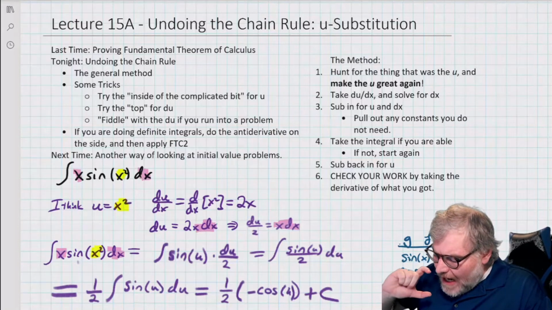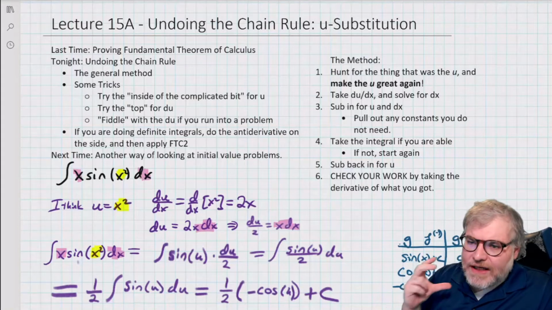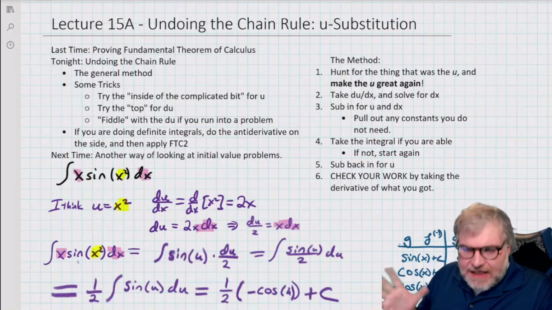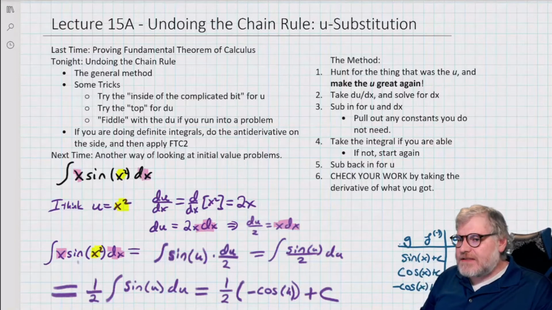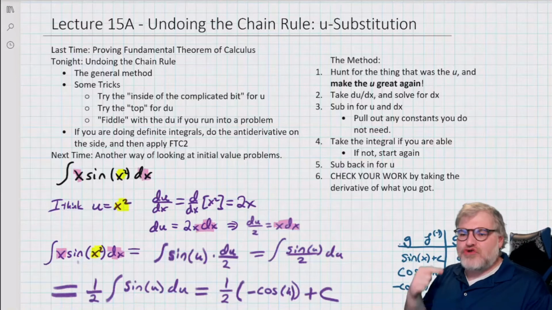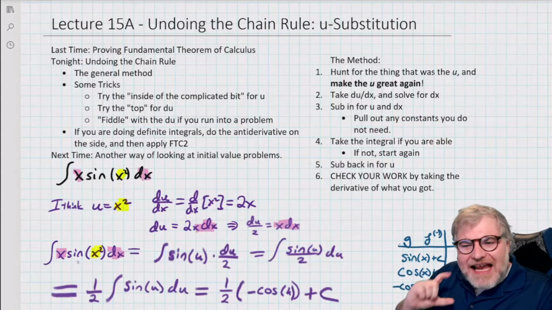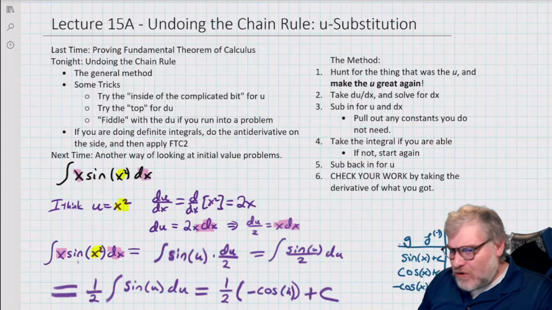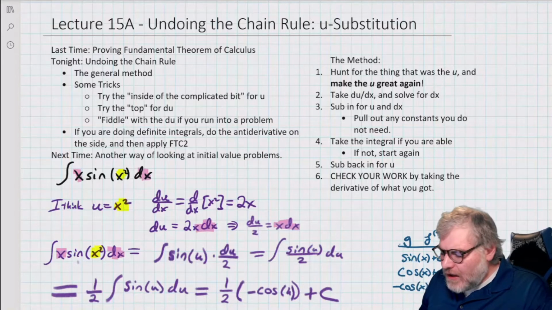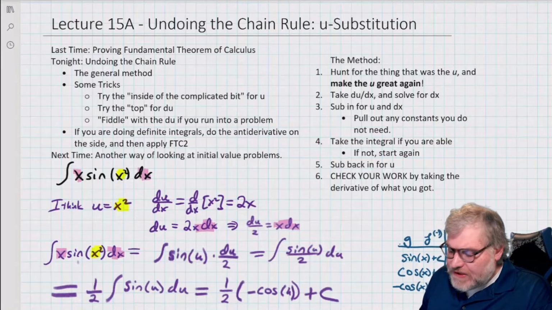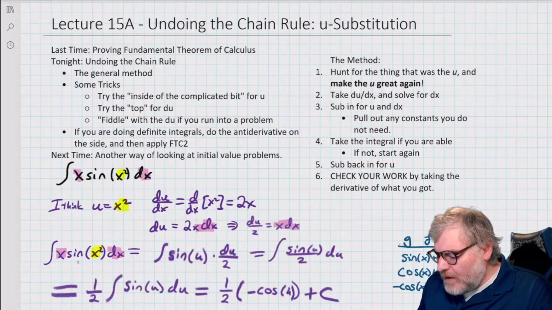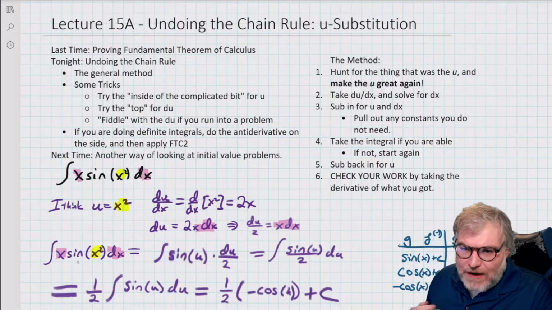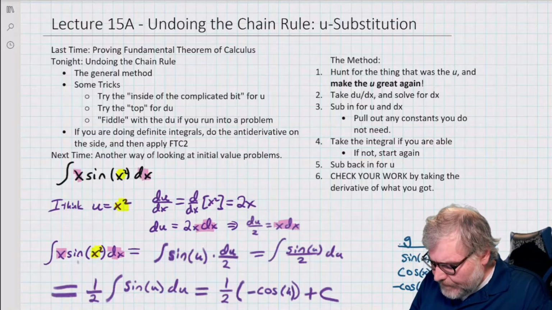One of the major reasons is that that's how you undo the chain rule when you take integrals. And undoing the chain rule is a bit more tricky than doing the chain rule. So we're going to have a general method, and then some tips to try to figure out what we're doing. So let's look at an example.